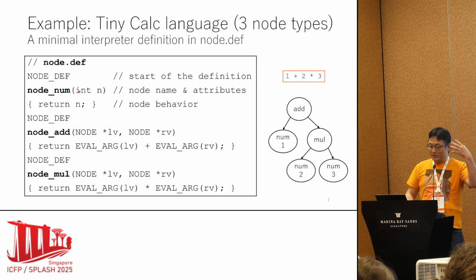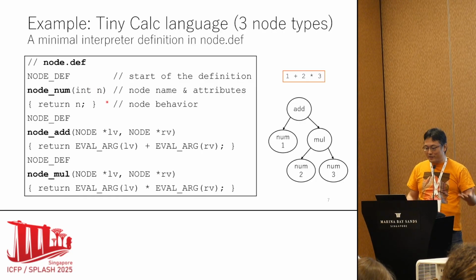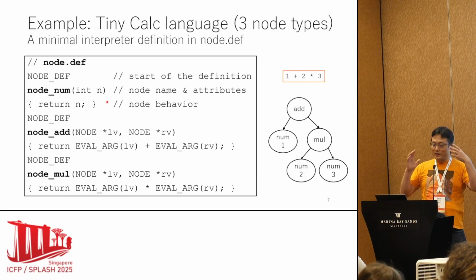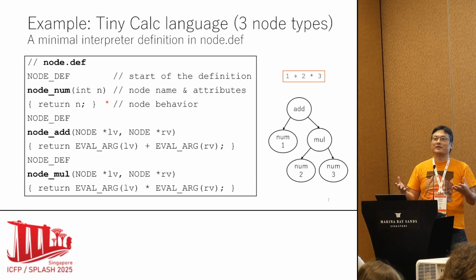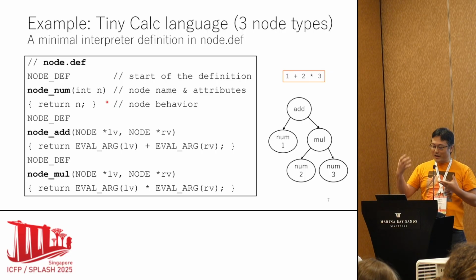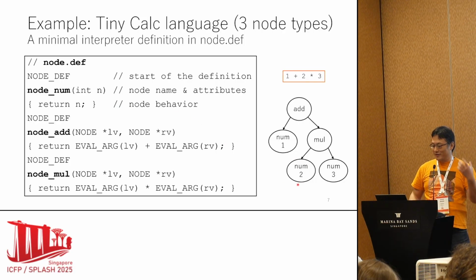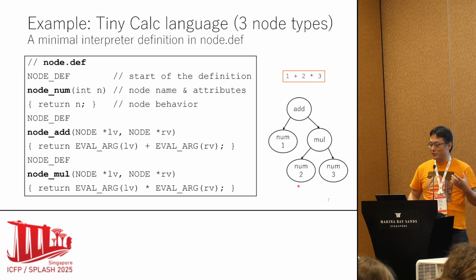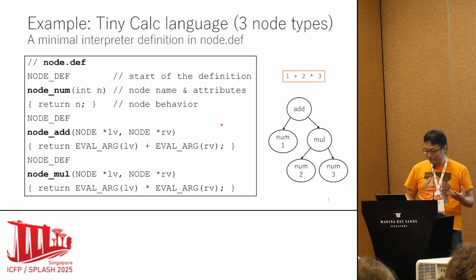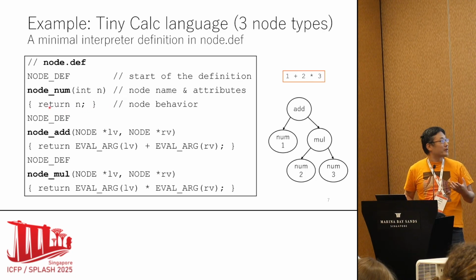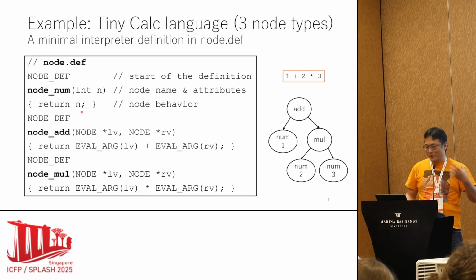And so it seems like a parameter, but it declares that this number node has n field. So the number node has the actual number information. And this explains the behavior of this node.